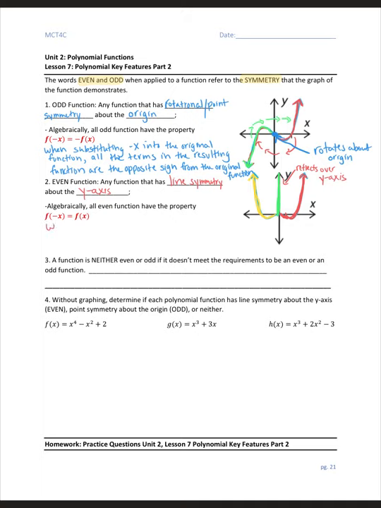So when substituting negative x into the original function, the resulting function is the same as the original.